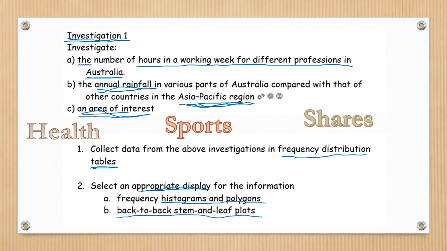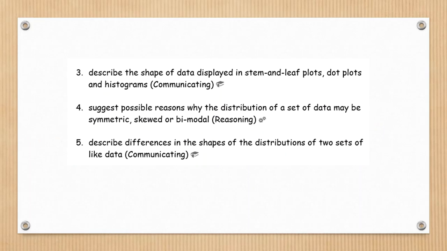Back-to-back stem and leaf plots, you can use those as well. I want you to describe the shape for any stem and leaf plots, dot plots, histograms that you come across, and continue your way through these things that you need to do. I won't just read them, you can read.